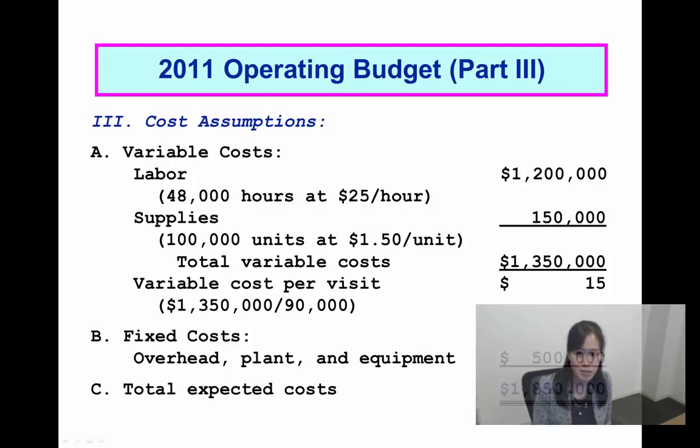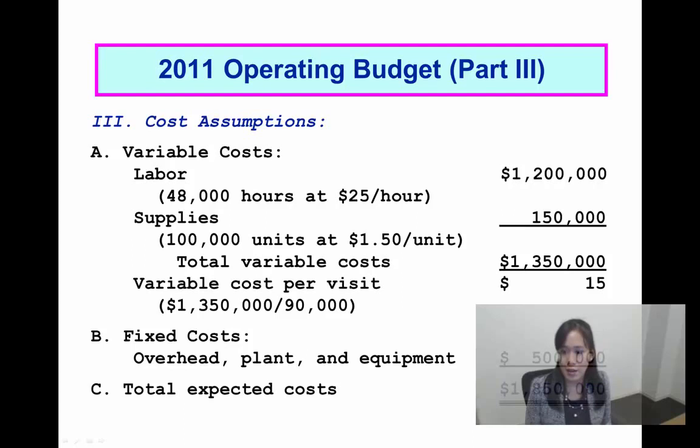Carroll Clinic expects there to be 100,000 units of supplies, each costing $1.50 per unit, making the supply cost $150,000. You can imagine other variable costs being included here. Labor costs might be separated out into physician wage, technician wage, the nurse's wage, etc.